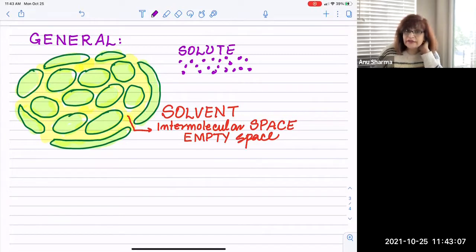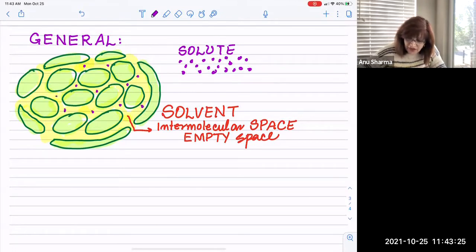Or some that dissolve in water, like sugar, or a liquid like methanol, alcohol. What happens is they come and begin to occupy the empty spaces. When they sit in the empty space, that is when they form the solution.